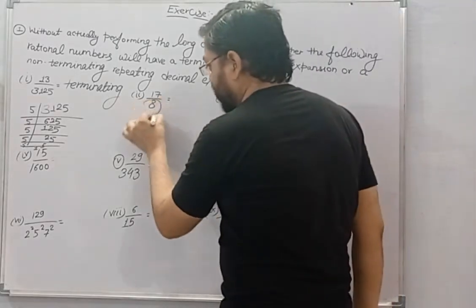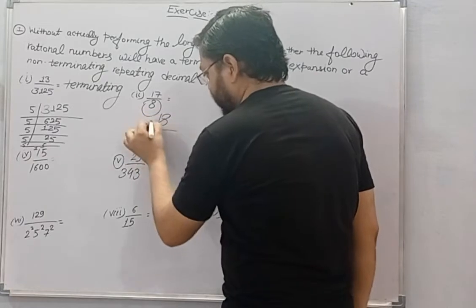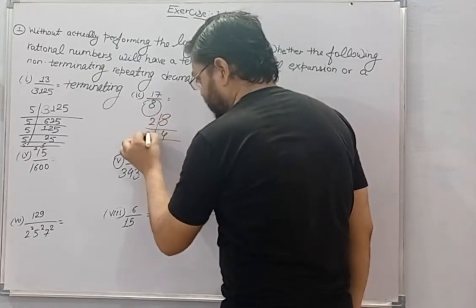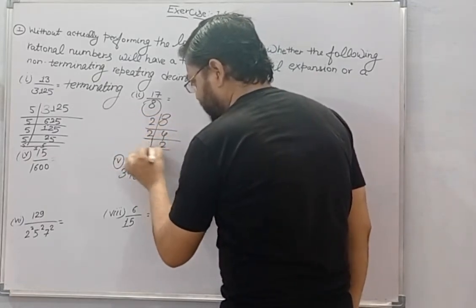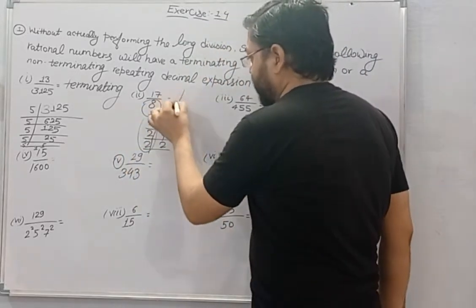Watch 8. We can factorize 8 like this: 4, 2, and 2. It shows only 2, so terminating.